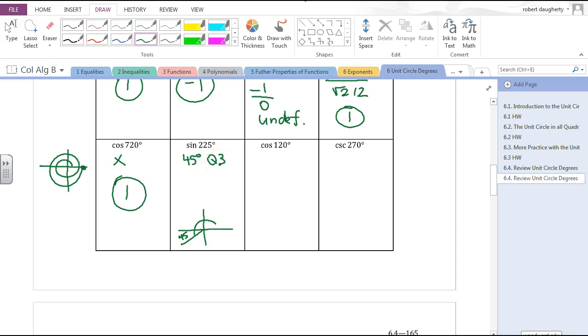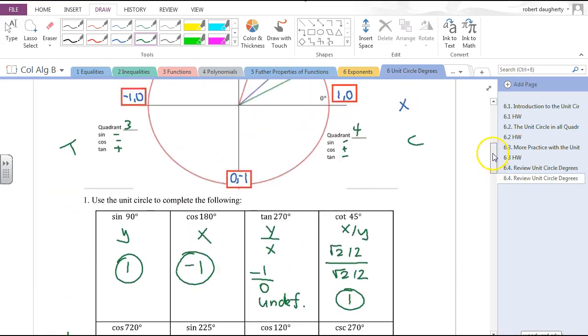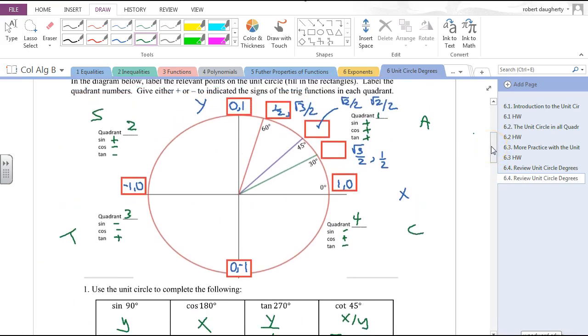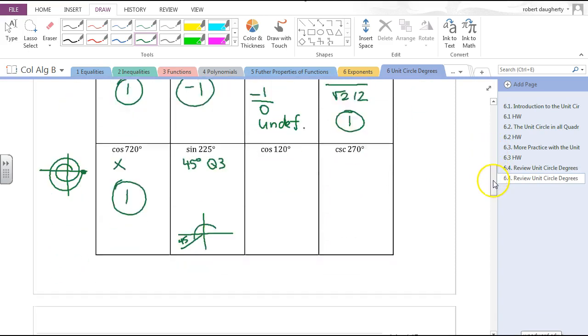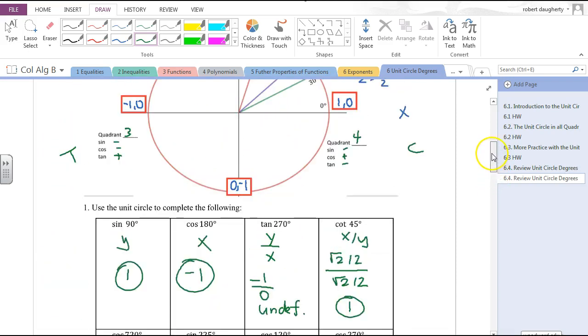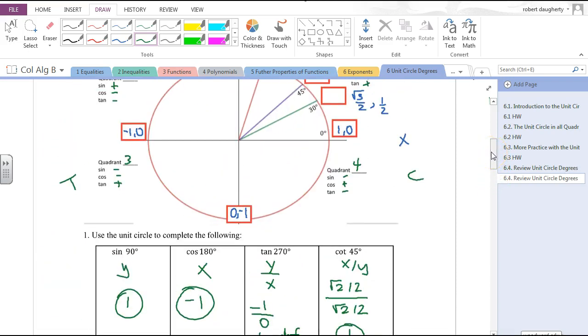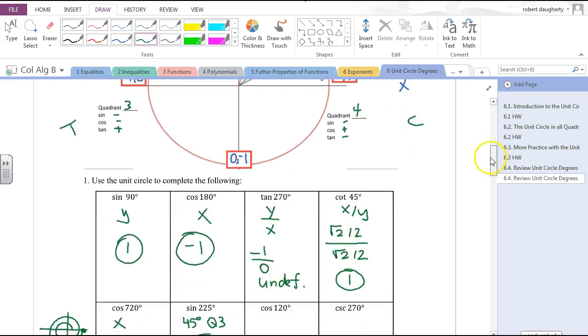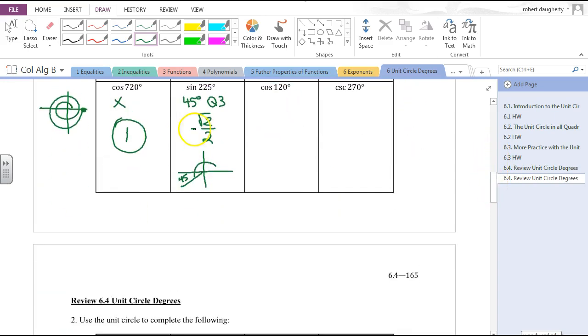What is the sine coordinate? You go to the y to figure out sine. At 45 degrees, my y coordinate is square root of 2 over 2. In the third quadrant, the sine is negative. So this is negative square root of 2 over 2.